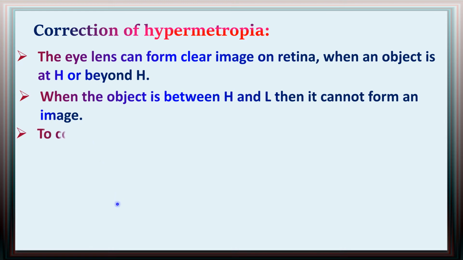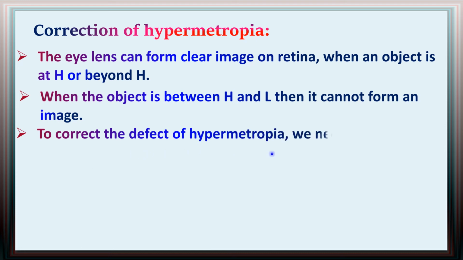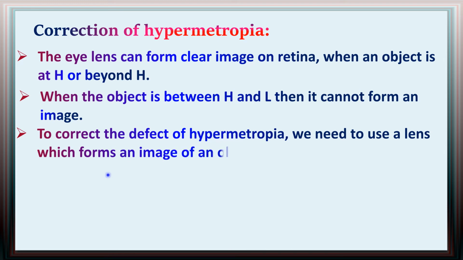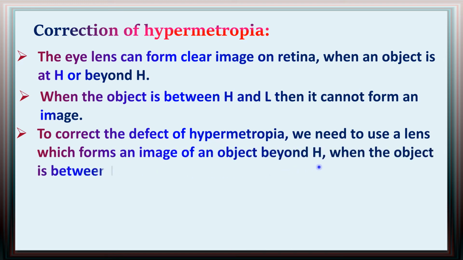So, to correct the defect of hypermetropia, we need to use a lens which forms an image of an object beyond H when the object is between H and L. Suppose things are there between H and L. Their images should be formed at H or beyond H by that lens.